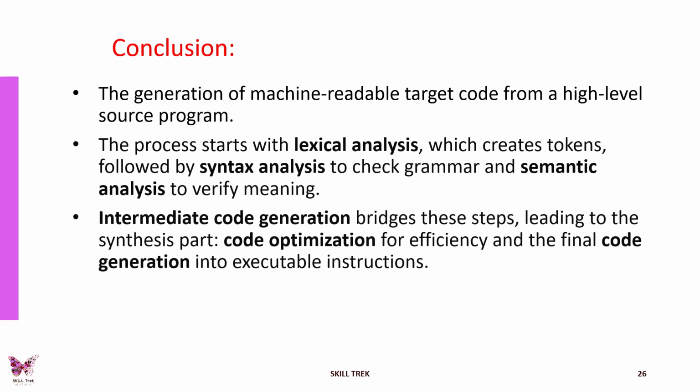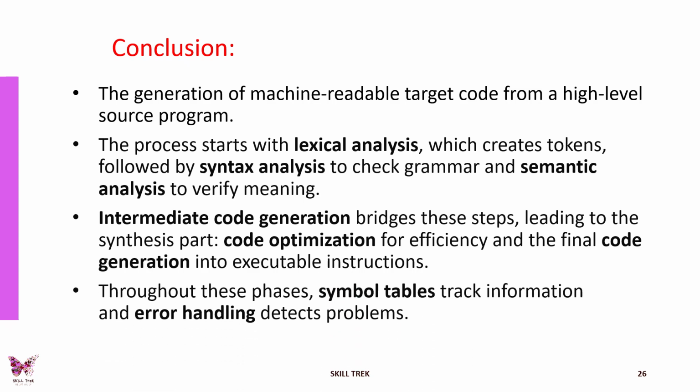Intermediate code generation bridges these steps, leading to the synthesis part, code optimization for efficiency, and the final code generation into executable instructions. Throughout these phases, symbol tables track information and error handling detects problems. This is all about the phases of compiler.